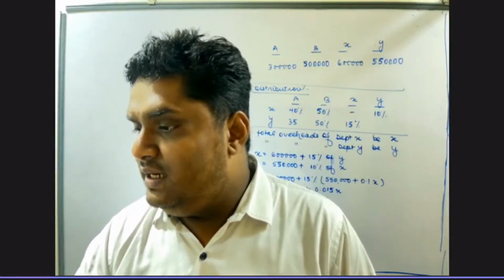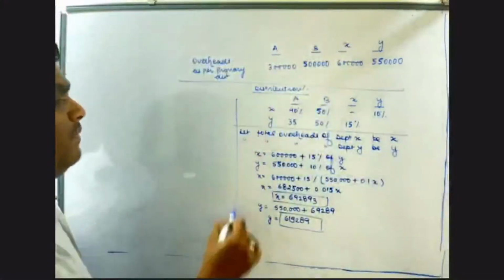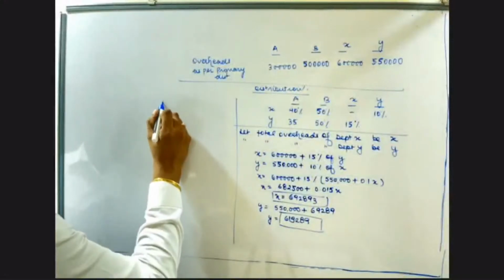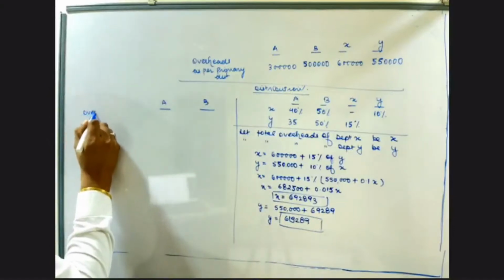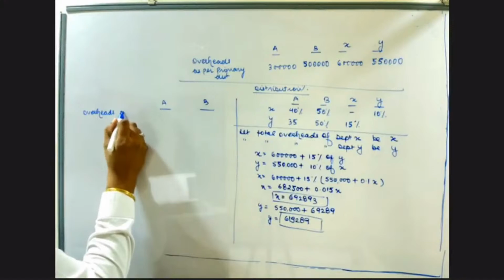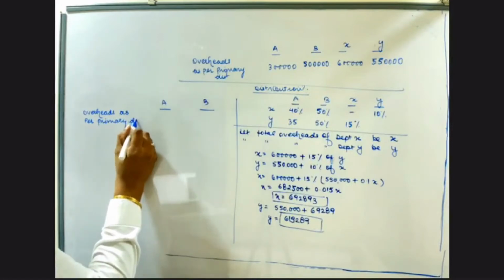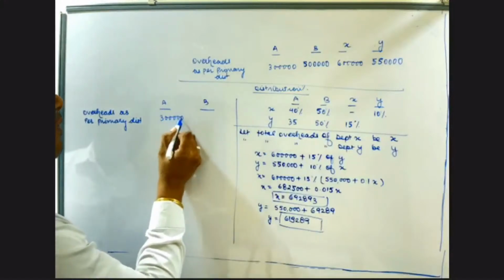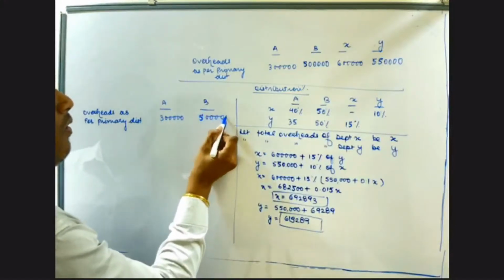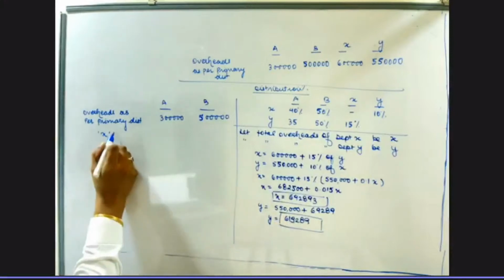Your answer is correct. Let me calculate the total overheads now of A and B. So the total overheads of X is 692,893.